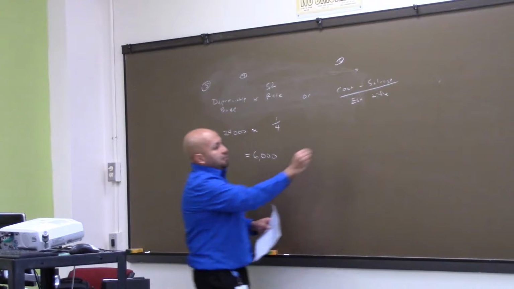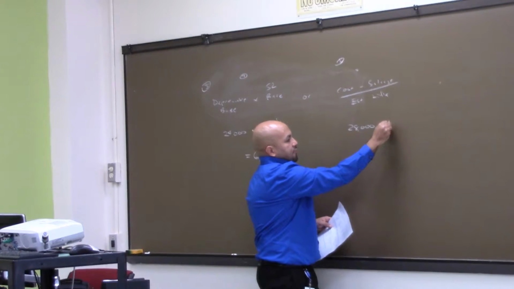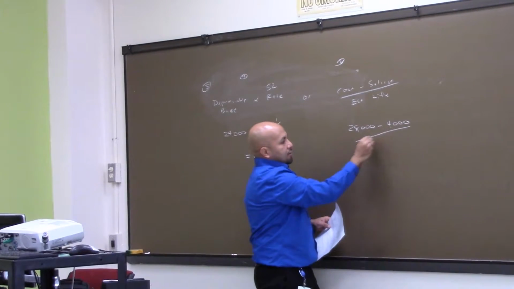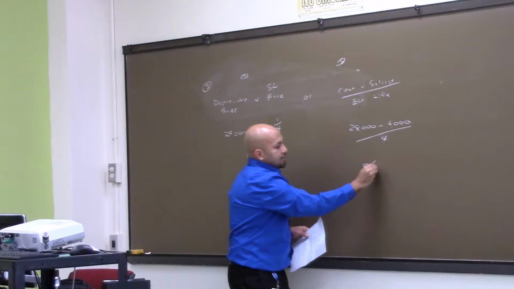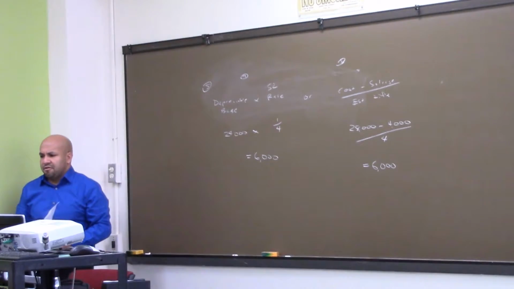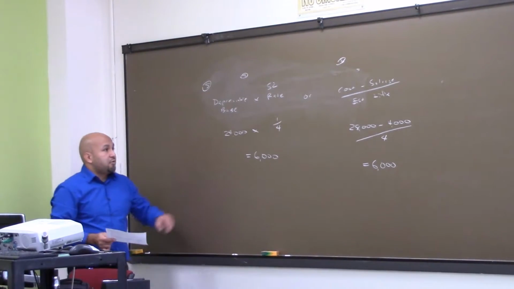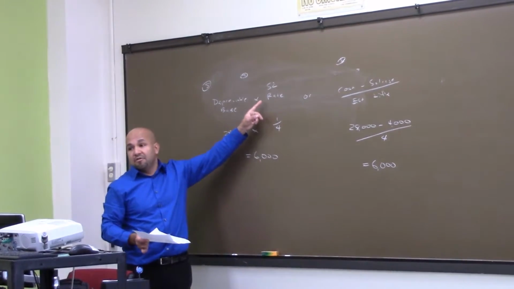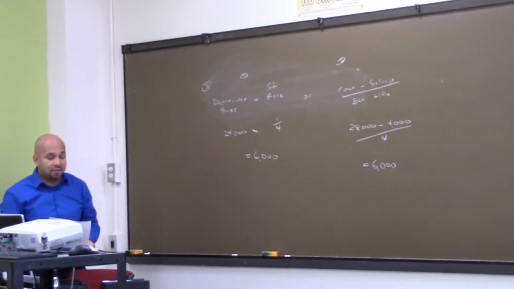We'll do the exact same thing here. 28,000 minus 4,000 divided by 4, what does that equal? 6,000. So again, it doesn't matter which method you choose to use, you'll get the same answer. But for this one, the straight line rate, you do need to understand what the straight line rate is, because that actually is relevant for the next problem.